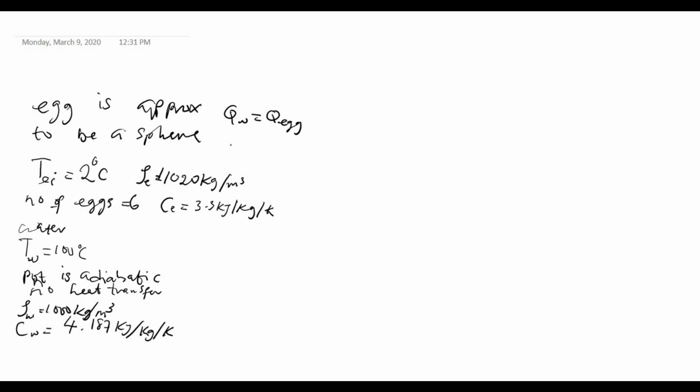Look closely at the question, we are not given the mass of water, it is unknown, but we know that Q lost by water, that's the heat lost by water, is equal to the heat absorbed by the egg. So in that case, we can find the heat absorbed by the egg and use it to equate it to heat lost by the water.